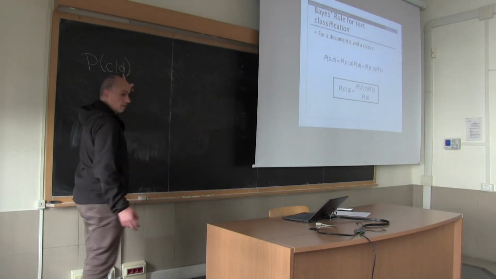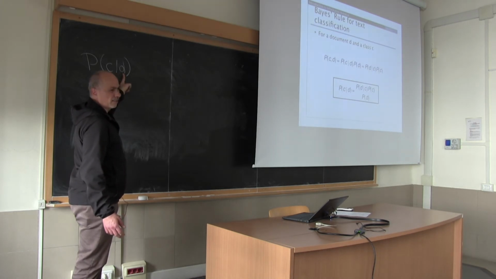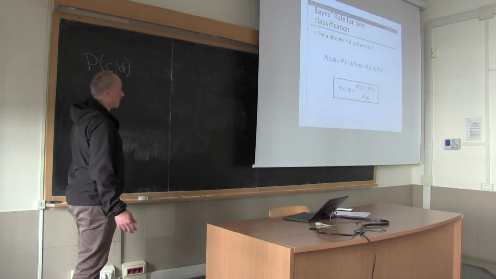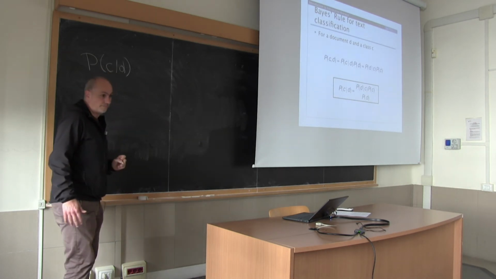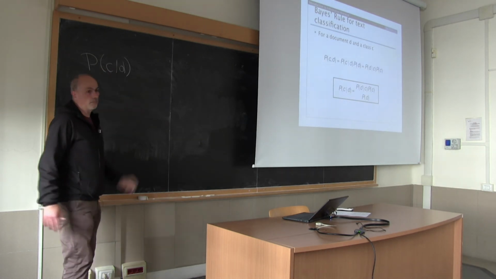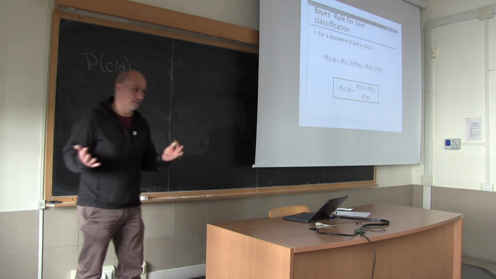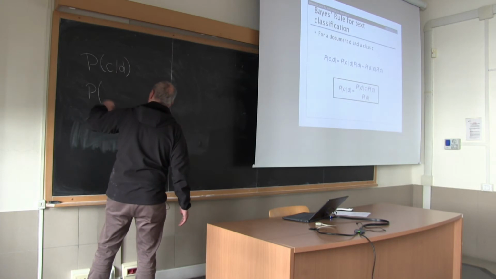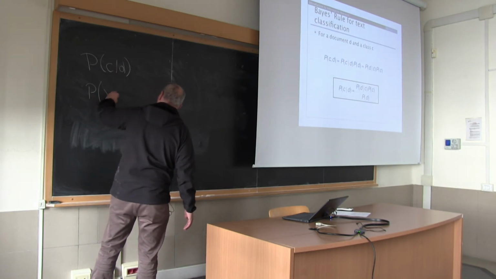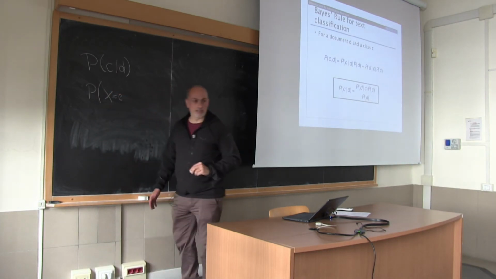This is what I'm given, the document, or better, its representation. And this is a class. So this is my random variable. So notice again, I'm writing a shorthand because I should write this like the class variable.